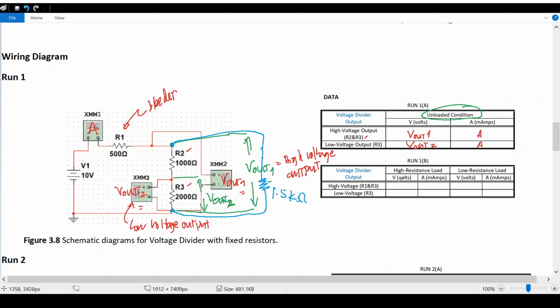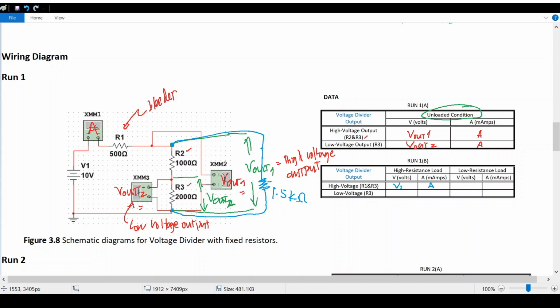For high voltage output, this is the reading of voltmeter 1. And then the reading of the ammeter, the corresponding current for this loading of 1.5 kilo ohm.